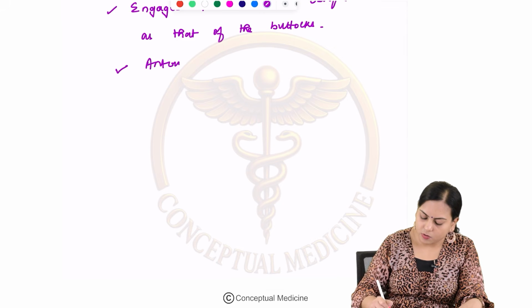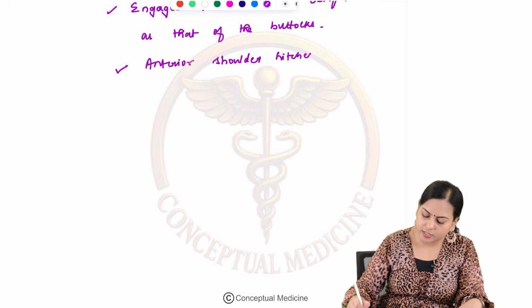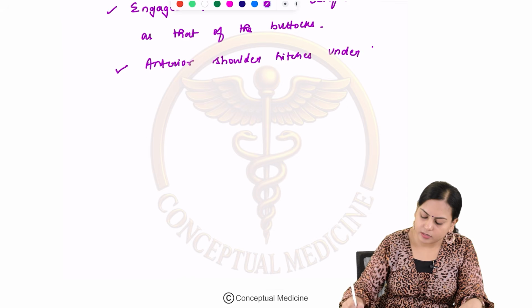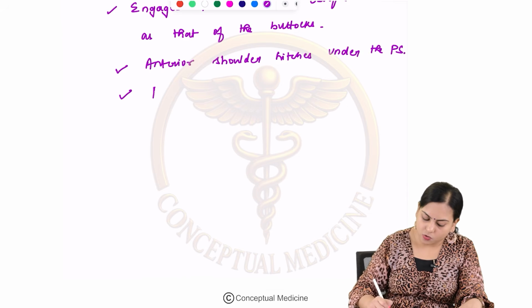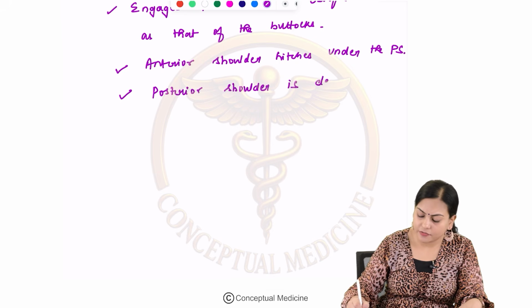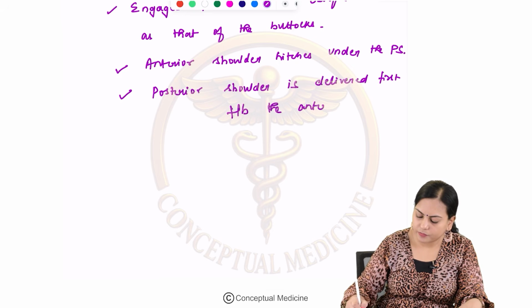Now, just like the anterior buttock, the anterior shoulder hitches under the pubic symphysis. In a similar way, the posterior shoulder is delivered first, followed by the anterior shoulder. Clear?